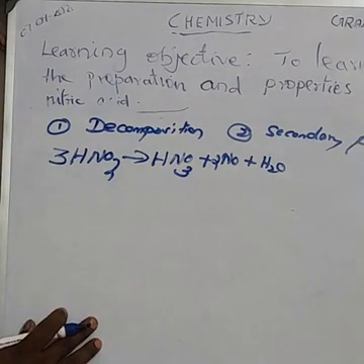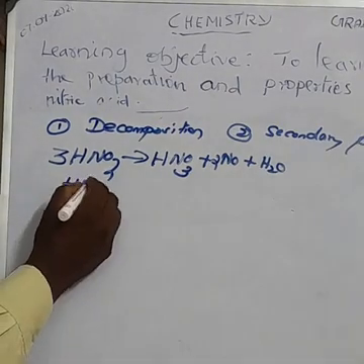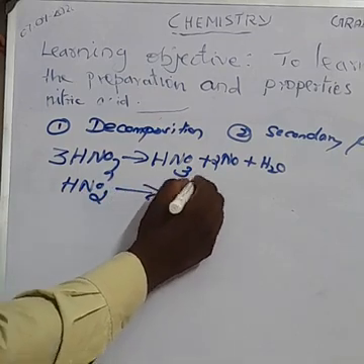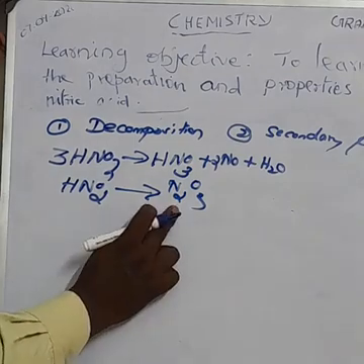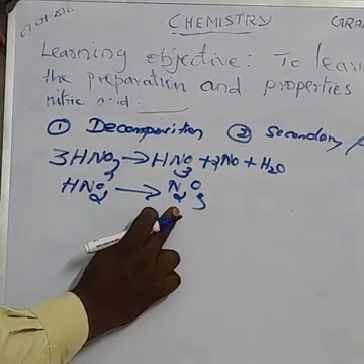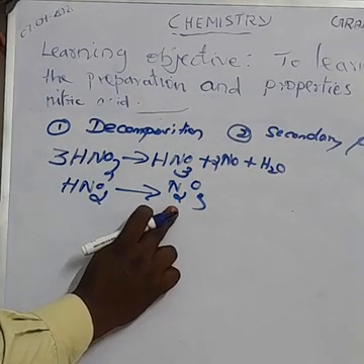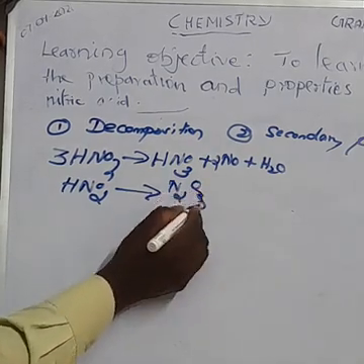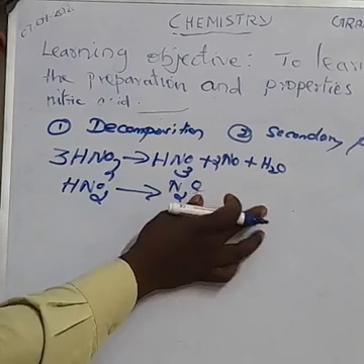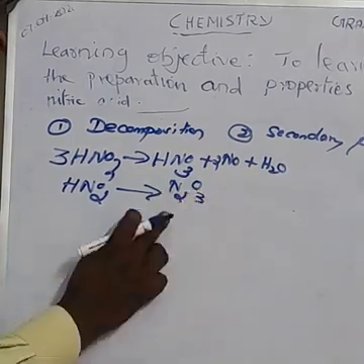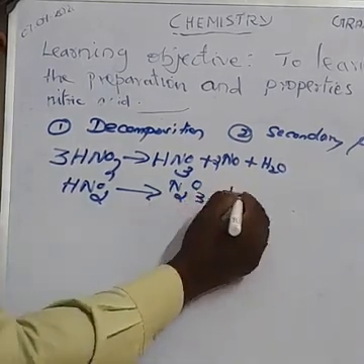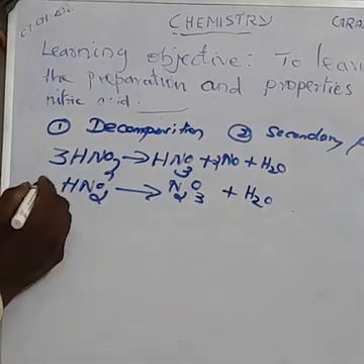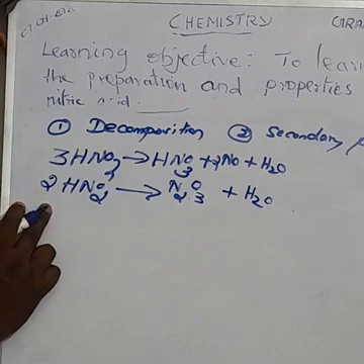Next, nitrous acid is converted into N2O3, that is dinitrogen trioxide, trioxide because it has O3, plus water. Here having 2 nitrogen, so make it 2 here. Now the equation is balanced.